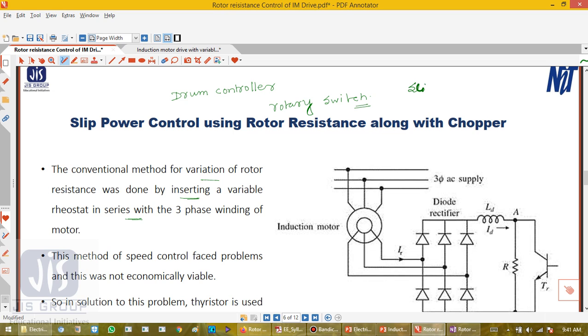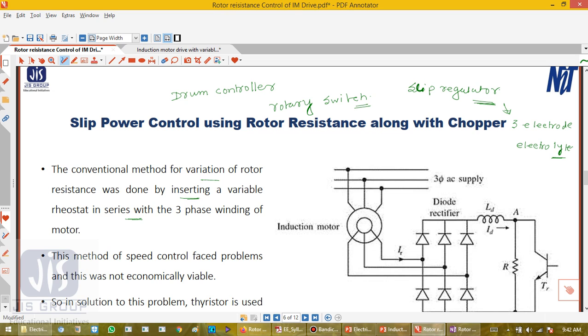This is also done by a slip regulator, and this slip regulator basically consists of 3 electrodes submerged in electrolyte, which consists of saline water. And this resistance is varied by changing the distance between the electrode and the earth electrode.